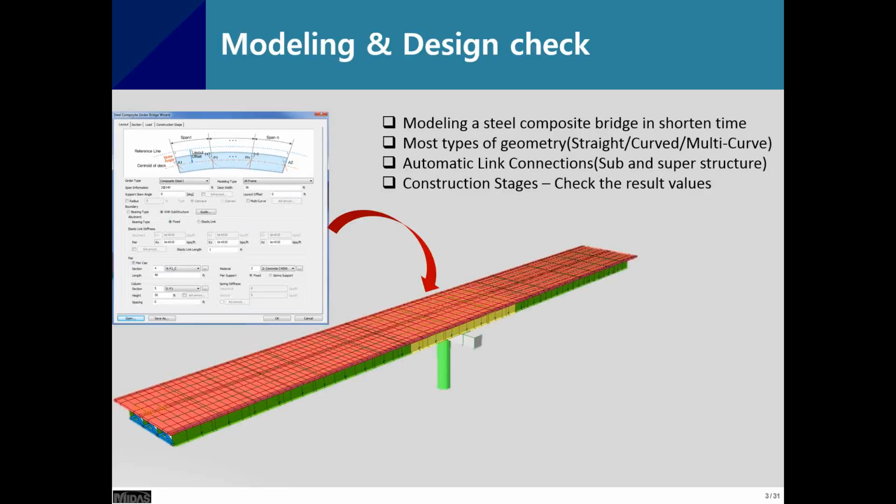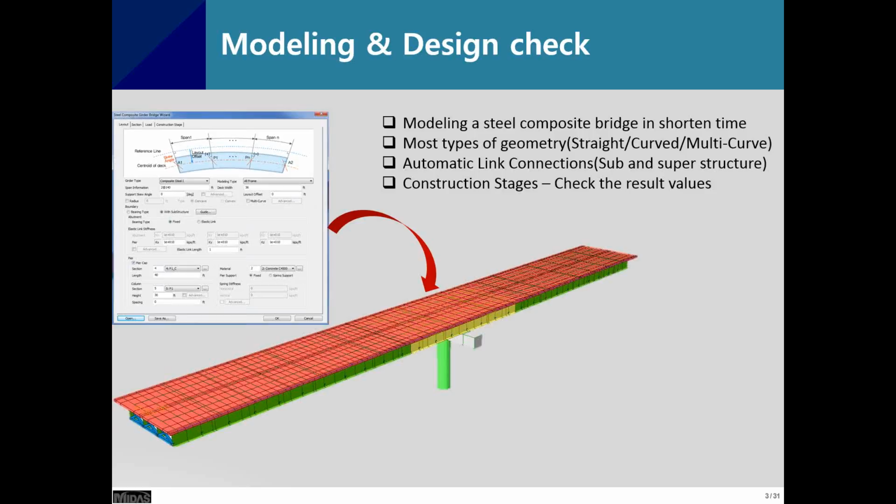And then construction stages. Construction stages are very important while you're doing the design check, because you need to know the composite actions before composite or after composite to consider the constructability. So those construction stages are also provided in the steel composite bridge widget.